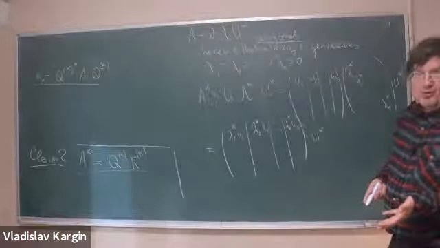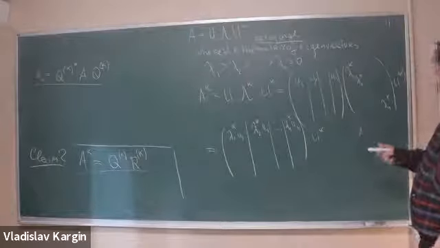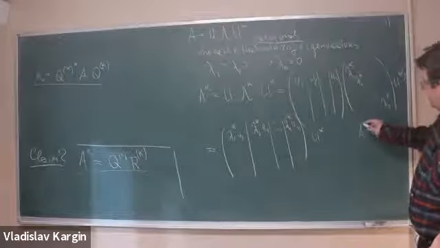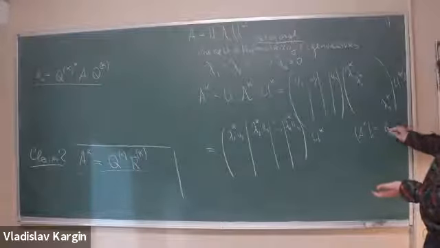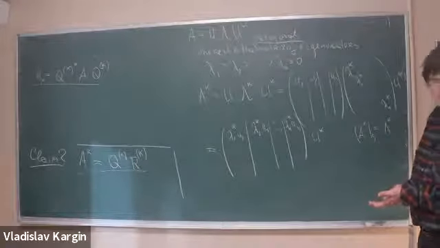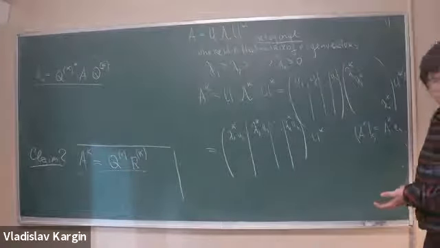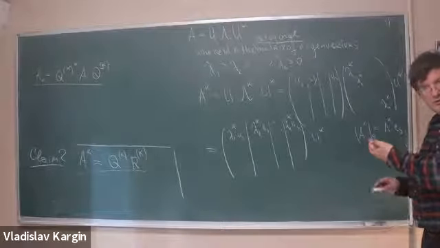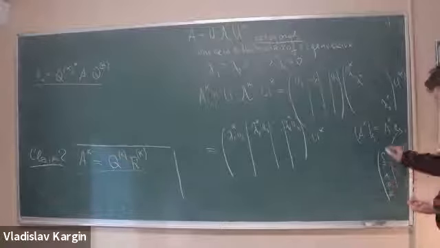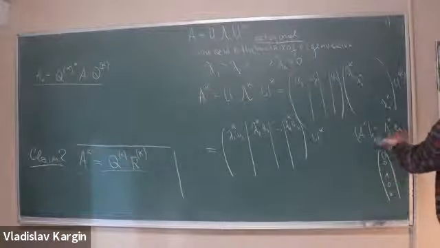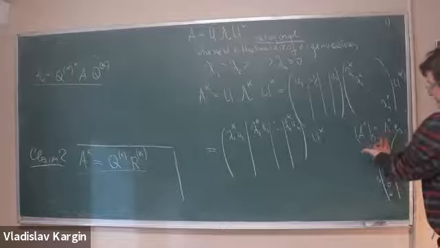To find column S of the matrix A^k, you take this matrix and multiply by e_s, the basis element S. That is 0, 0, a 1 in place S, 0, 0. This separates out column number S.